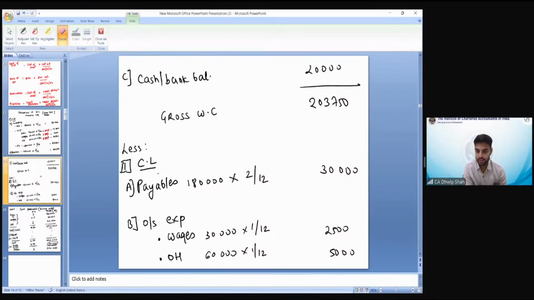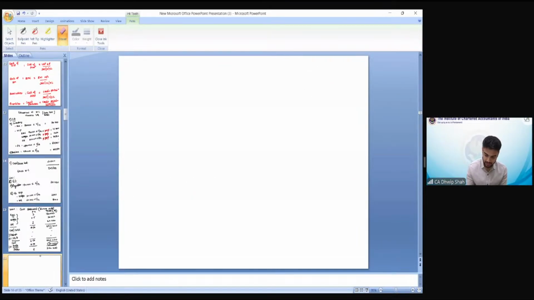Done. Can we proceed? Everyone? Okay. So till now, no doubts. Sure? Okay, so now let's take the next illustration which contains depreciation as well.